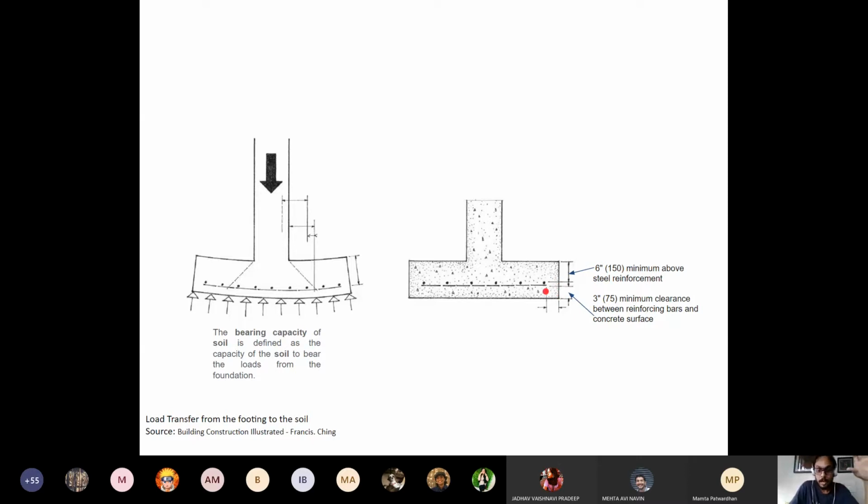Unlike cover in other RCC elements, which is generally not 3 inches, in the case of foundations the cover has to be at least 3 inches because foundations are continually exposed to moisture. You require sufficient cover to prevent any moisture-related ingress into your foundation, which might actually affect your reinforcements also.